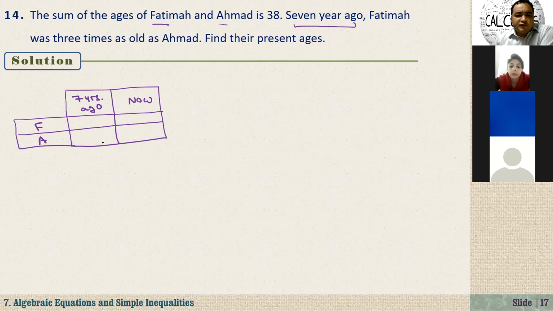So Selen, this question is for you. It says that the sum of the ages of Fatima and Ahmad is 38. That means we are talking about their present age, right? So if Fatima is, let's say, n years old, then how old is Ahmad now, Selen?